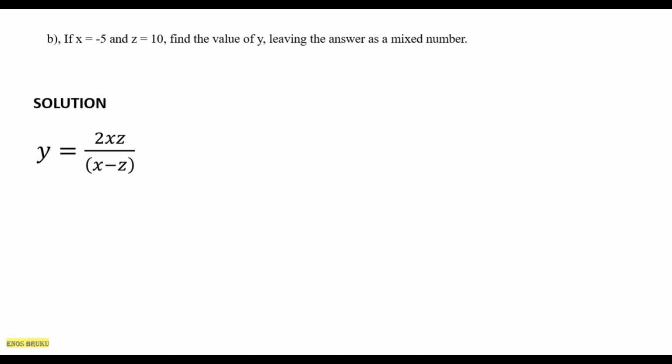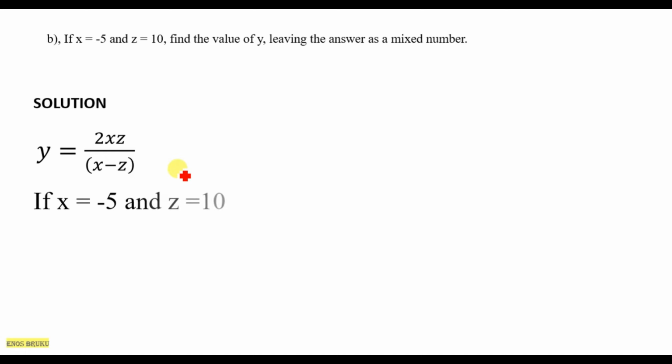So to replace these variables with the numbers, the value of x is now -5 and the value of z is now 10. So wherever we see x, we are going to put -5, and wherever we see z, we are going to put 10. We'll do the same thing to the denominator as well.